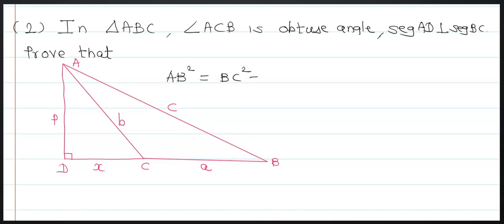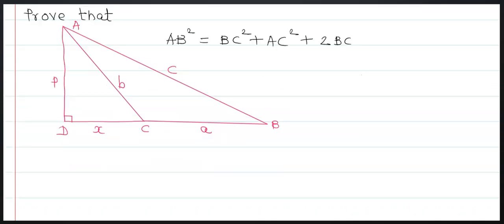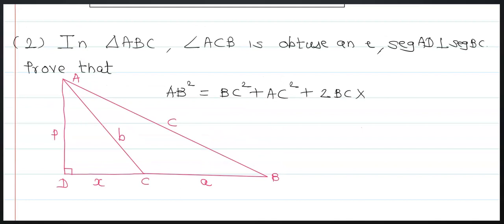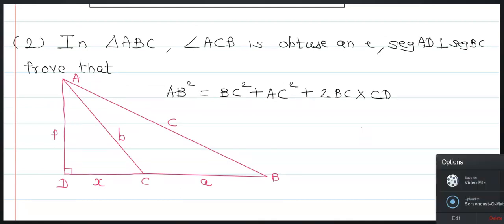Therefore, AB square is equal to BC square plus AC square plus 2 BC into CD. Okay. Now the next, we'll prove this.